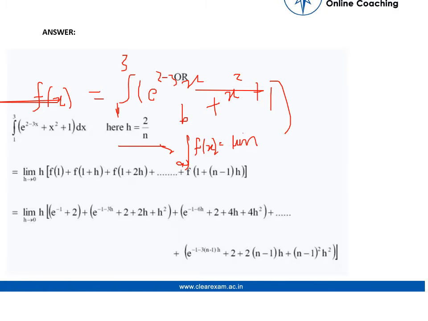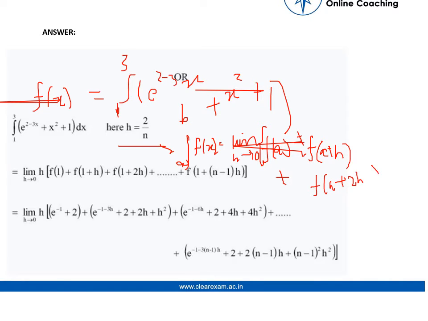limit h tends to 0 of h times f of a plus f of a plus h plus f of a plus 2h, and it goes on till f of a plus n minus 1 into h.